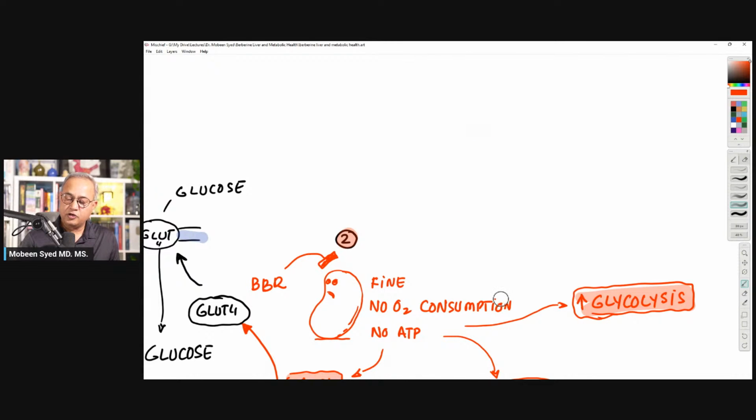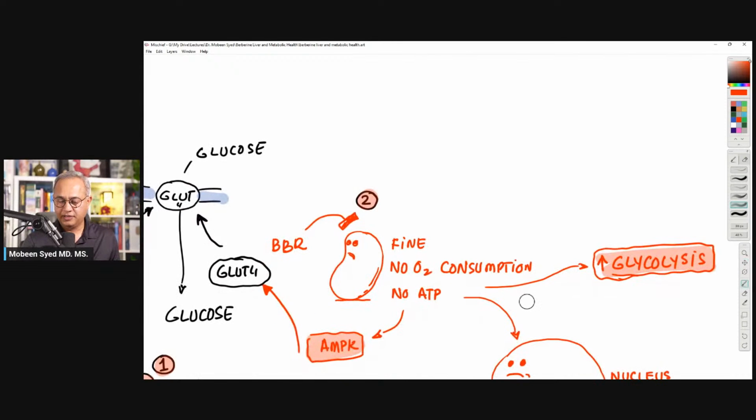So when you're not making more ATP, then of course more adenosine monophosphates will be present, and less ATP, adenosine triphosphate, will be present. So can I say that the ratio of ATP to AMP will reduce, the ratio of AMP to ATP will increase, right?